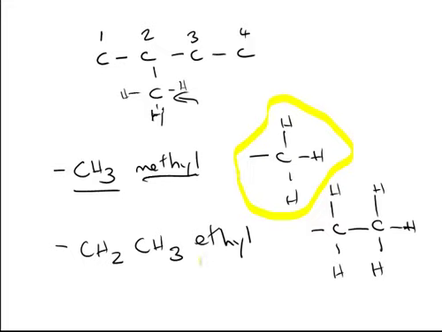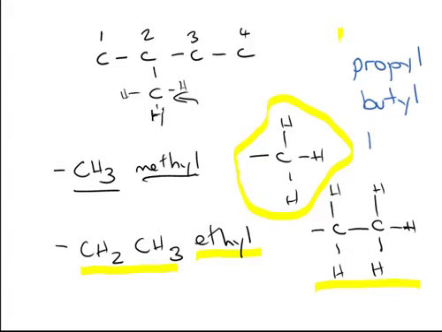Now if you had a longer side group, an extra carbon, it would go to be called an ethyl group. This is what it would look like as a condensed formula, and this is what it would look like if I drew it out structurally. Now you can keep on going with side groups as they get bigger and bigger, and the group would be propyl, and then butyl, and then pentyl, and then hexyl, and that's how we name them.